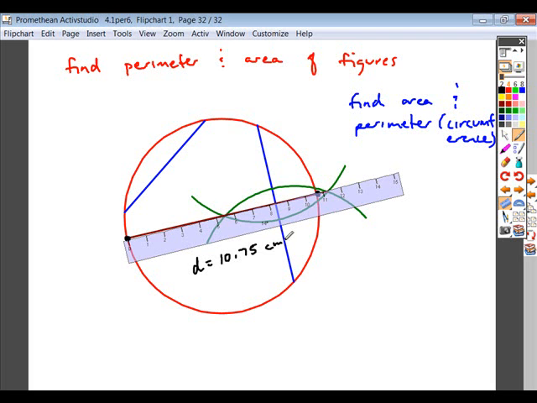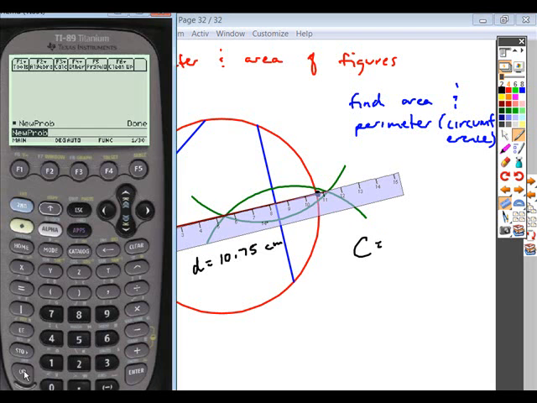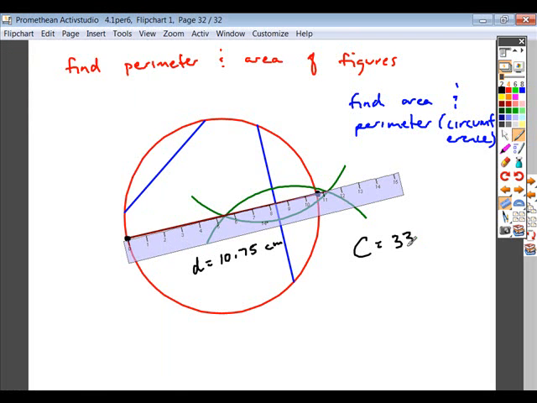So if I wanted to find my circumference, I'd simply take 10.75 and multiply it by pi. Make sure you use the actual symbol for pi. Don't approximate unless the problem specifically tells you to. And so I get about 33.8, if I was rounding to the nearest tenth.